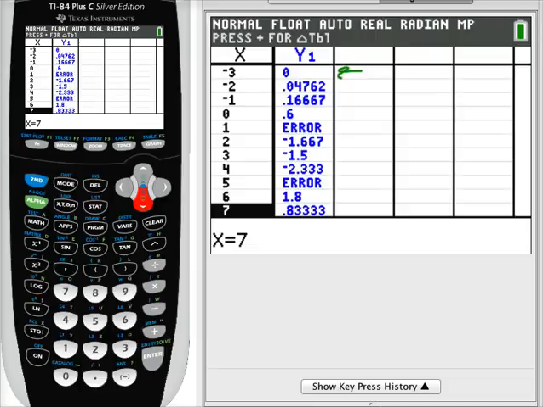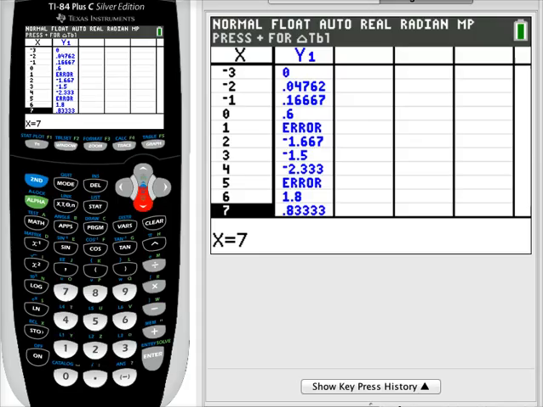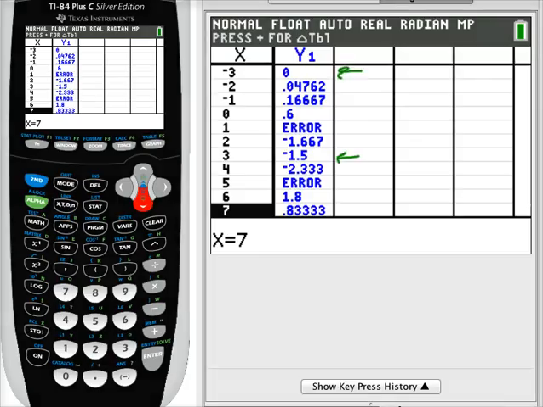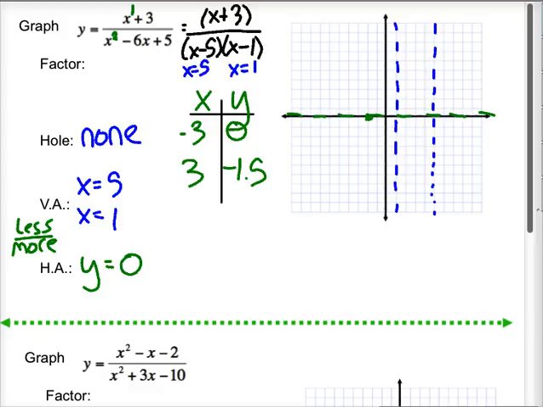I'm going to choose, let's see here, 3, -1.5. And I'm going to choose, oh, no, there won't be any better points. So 6, 1.8.